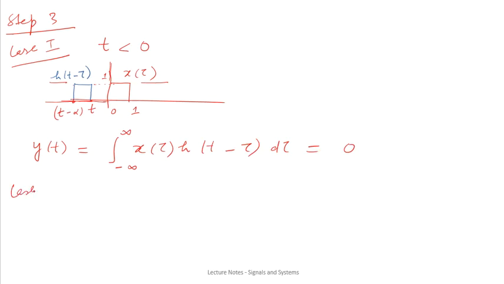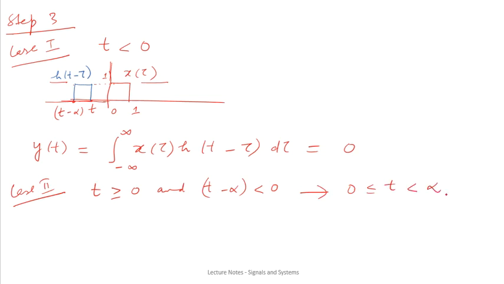Next, you consider the second case in which this t is greater than or equal to 0 and this t minus alpha is less than 0. That will just mean that this t is in between 0 and alpha.